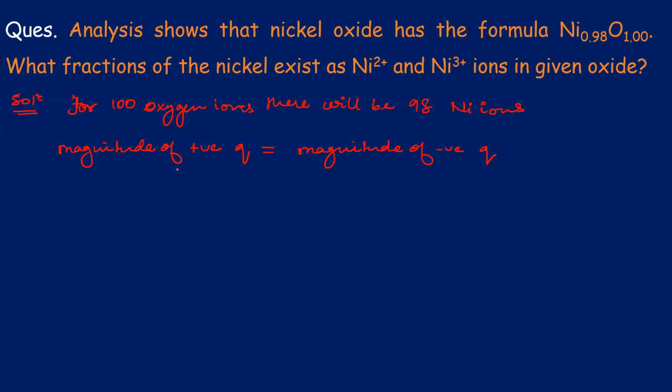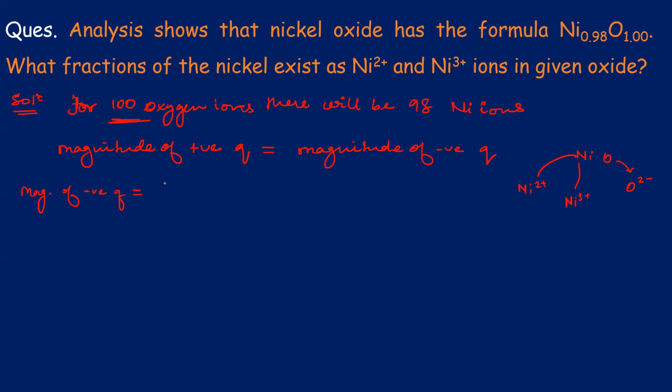Okay. So let us now calculate the magnitude of negative charge. This will be only due to oxygen. And we know that in nickel oxide, nickel is present as Ni2+ and some Ni3+ is also present. But the oxygen will be O2- only, because this is the only oxidation state of oxygen. So the magnitude of negative charge will be what?